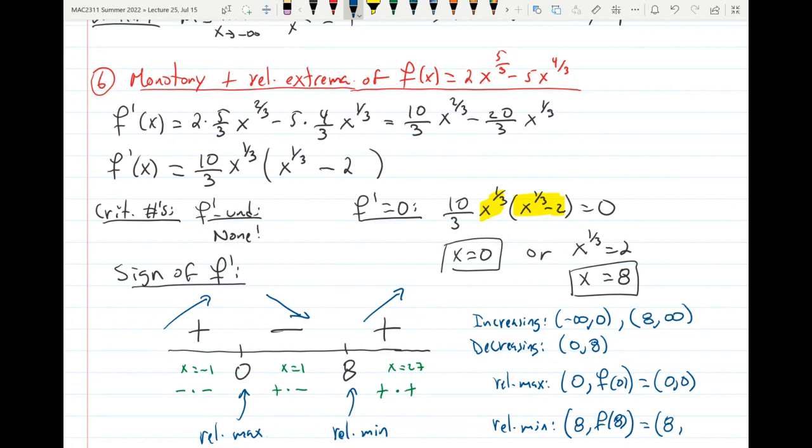So that's going to be 8 to the 5th power times 2. Then minus 5 times, no, it's not 8, it's 2 to the 5th power.